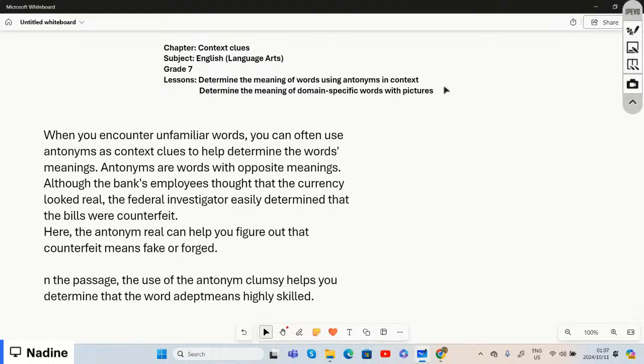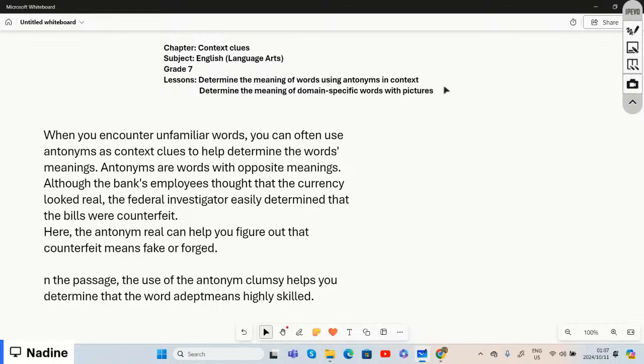Once again, when you encounter unfamiliar words, words that you don't know, words that you've never heard or seen, you can often use the antonyms as context clues to help determine the word's meaning.